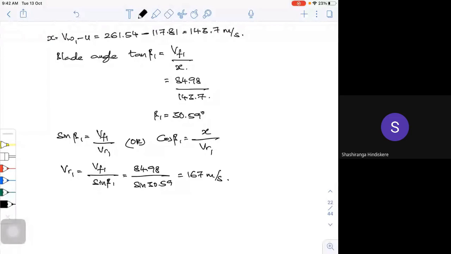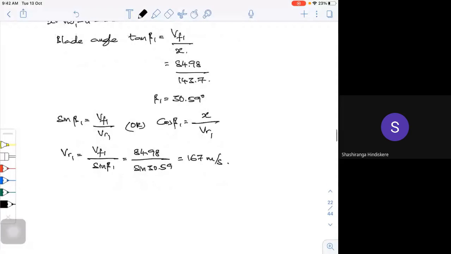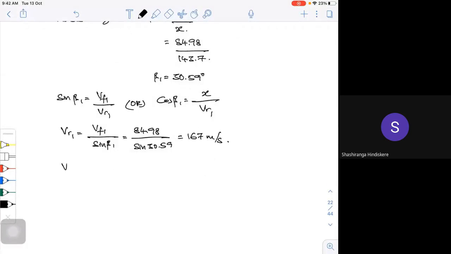Now look at this. In the numerical, what have I been given? Vr2 is equal to 0.9 times Vr1. So it is 0.9 into 167. So your Vr2 is equal to 150.27 meters per second.